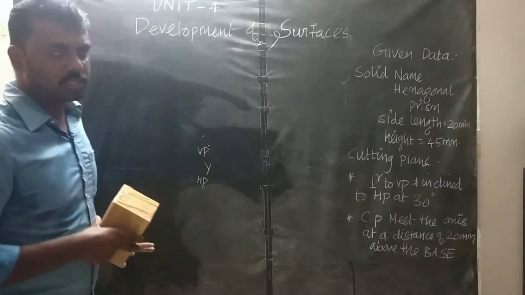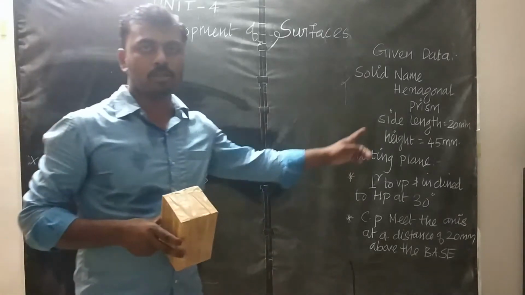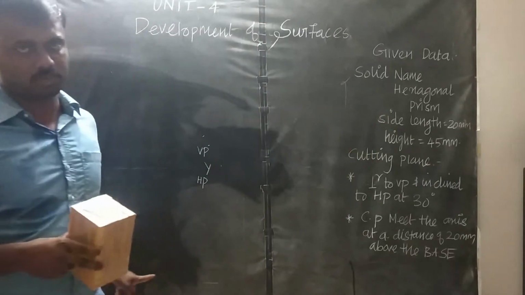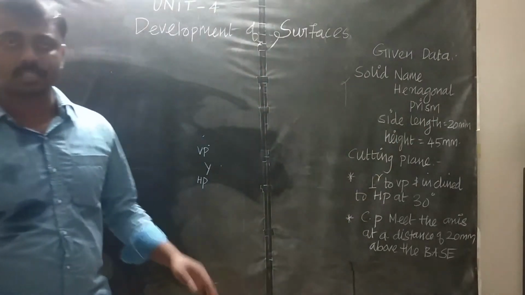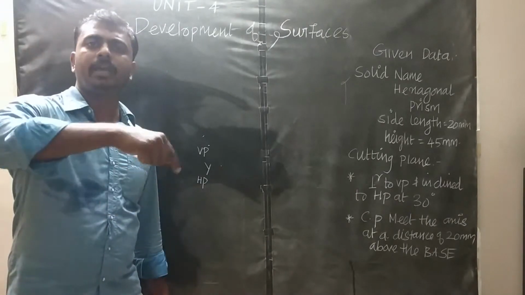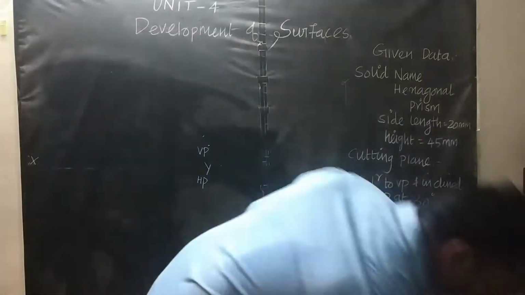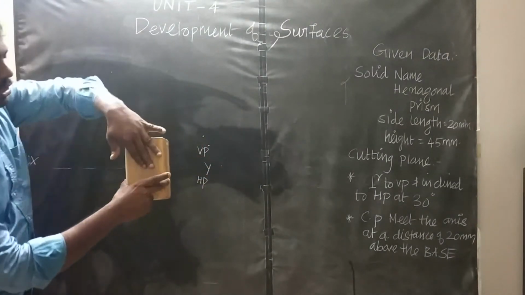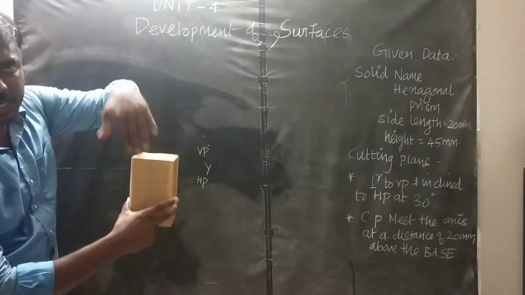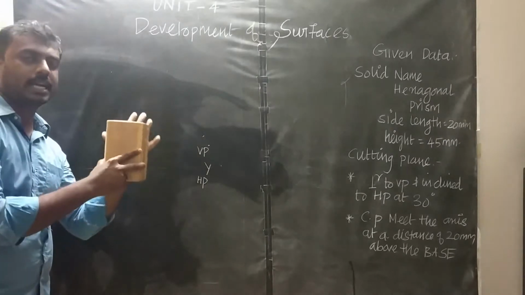Before starting the simple position, just think about this statement and based on that do the work. It means that 2 of the base edges are parallel to VP. See here, according to this solid, this is your first lateral face and this is your second lateral face.